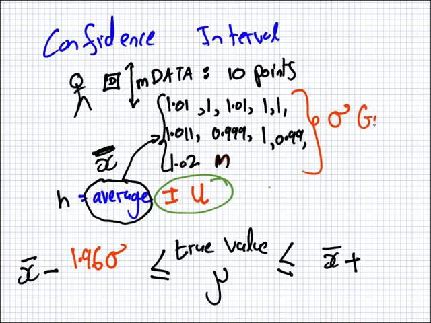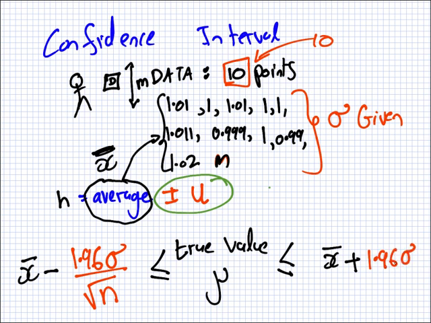This is given. Yeah, Ben? Over square root n. And here n is 10. Okay, and this is 1.96 sigma over root n.